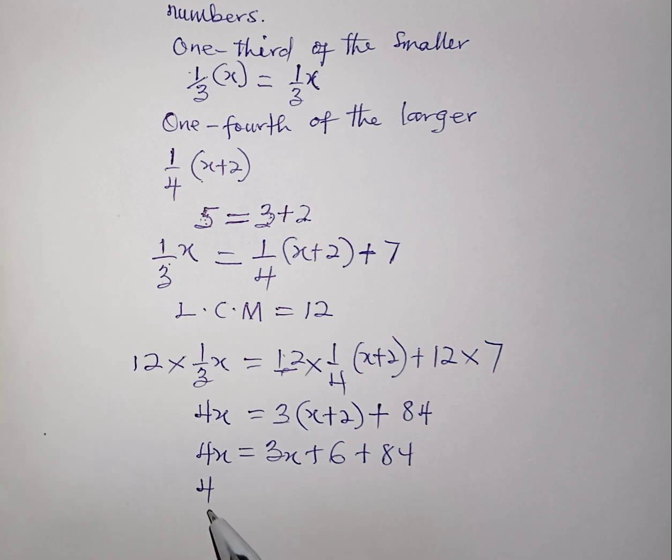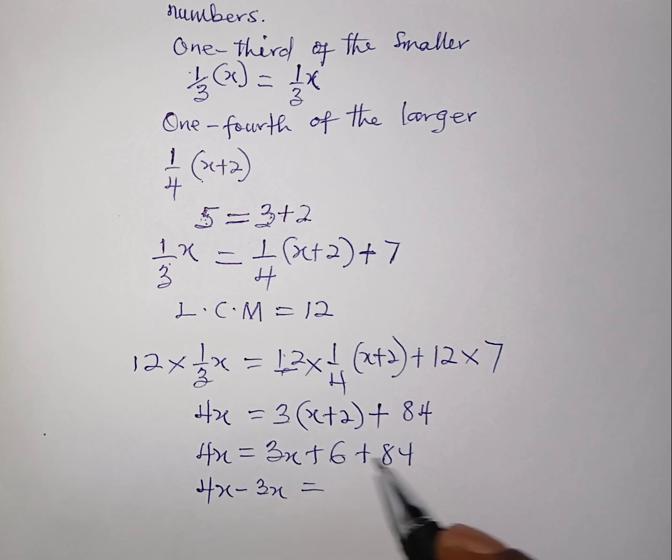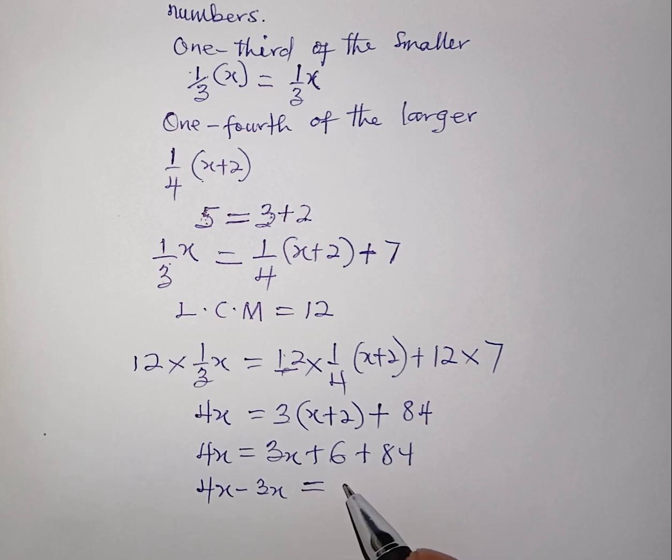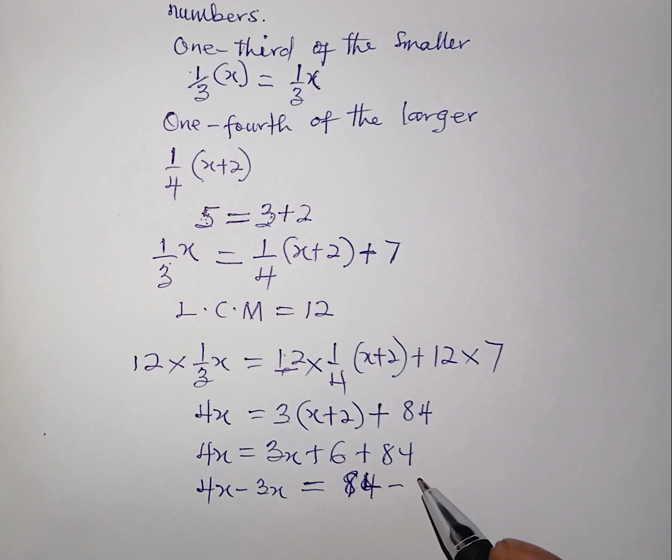I will write my 4x minus 3x, and this is equal to 6 plus 84, which gives me 90. So I will have x is equal to 90.